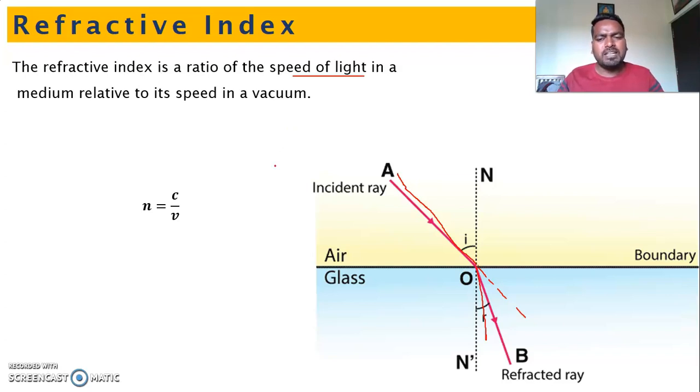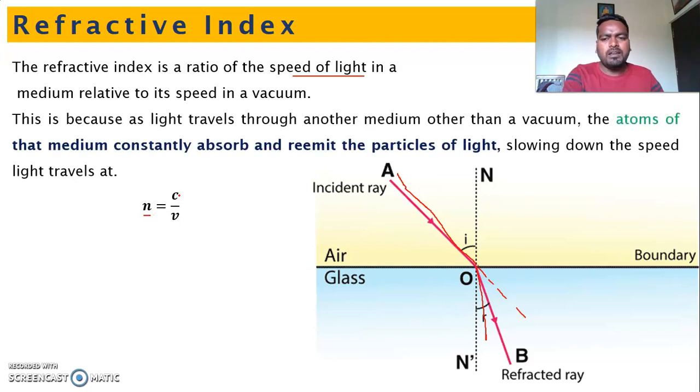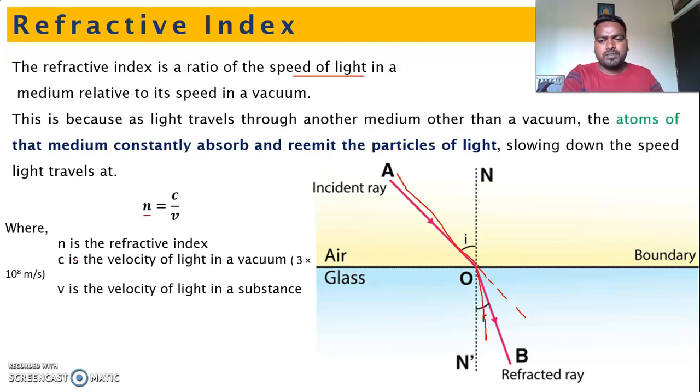This can be mathematically indicated as n equal to c divided by v, where c is the velocity of light in vacuum, and v is the velocity of light in a substance, in a liquid, air, whatever, that is, in any medium. So this is the mathematical expression, n equals c divided by v.